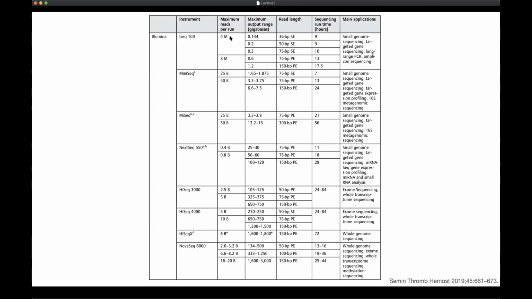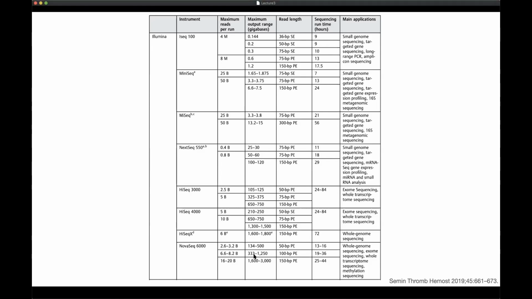And as you will see, they vary primarily in how much data they produce. So iSeq 100, which is the smallest and the cheapest one, will output about 4 million reads per run. Those reads are very short, so 36 base pairs per read, which means that it will output only about 150 million bases per run.